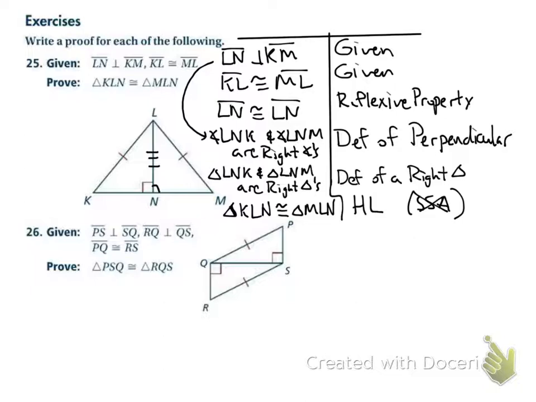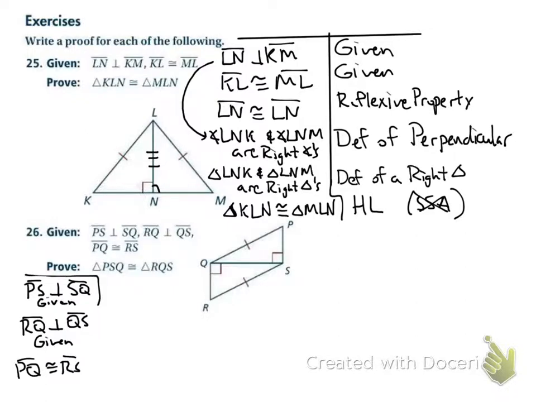Now for 26, we're going to start with the same thing. PS is perpendicular to SQ, and RQ is perpendicular to QS. Those are both given. And then PQ is congruent to RS. So it's marked, that's marked.